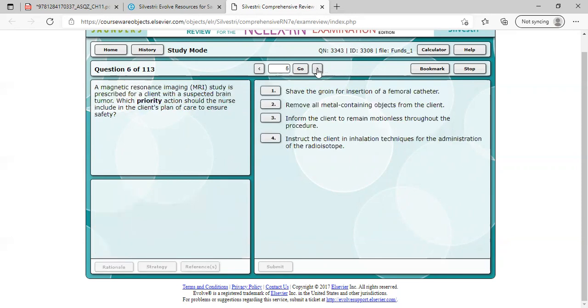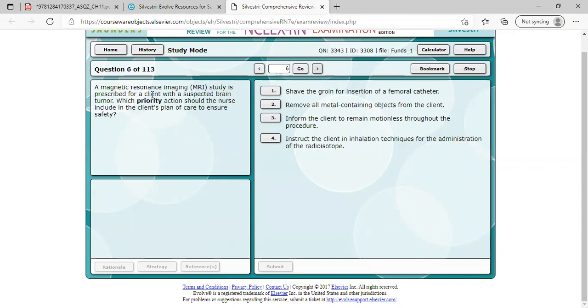What next? Next question here. A magnetic resonance imaging, and this is called MRI. A magnetic resonance imaging study is prescribed for a client with a suspected brain tumor.